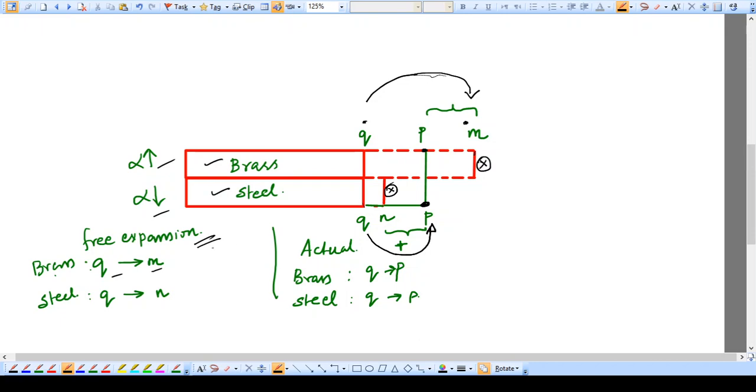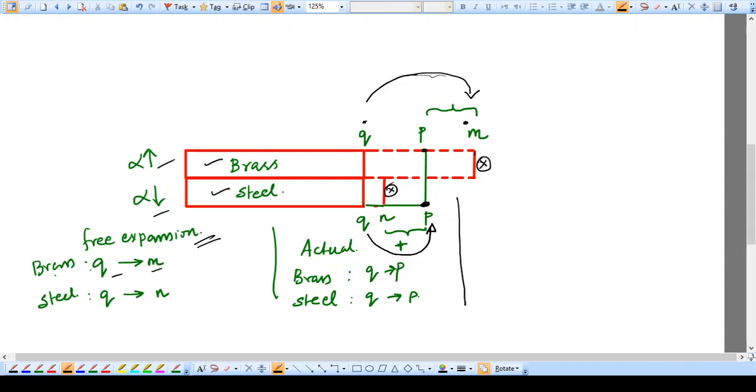Free expansion is the expansion when the two bodies are not rigidly fixed, and actual expansion is the expansion when the bodies are fixed with each other.